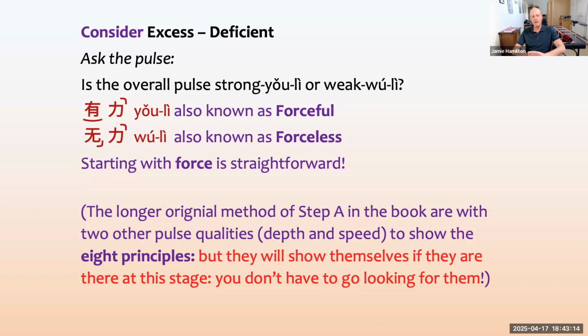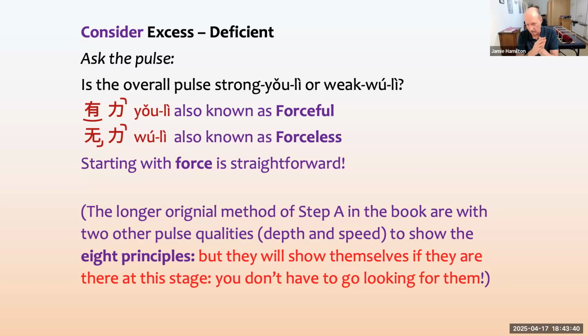So this slide is saying the original method of step A worked with depth and speed, and that also gave you ideas of the 8 principles. So if you have my book, have a look at that if you want. I won't go into more detail now, but it's pretty easy to add on depth and speed for the rest of the 8 principles.